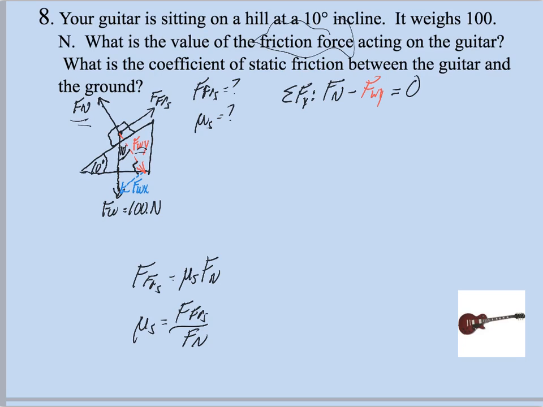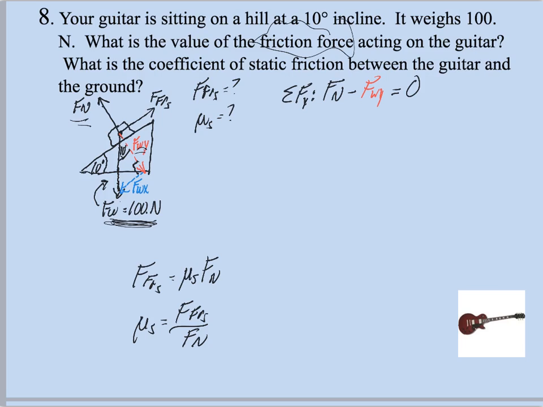So, is there a way to find Fwy? Well, I know Fwy is a side that is adjacent to 10 degrees, and I also know that the hypotenuse, remember, this value here, this 100, is the value for the hypotenuse of this right triangle. So I know the hypotenuse is 100, and I know the degree. I can find Fwy using cosine.